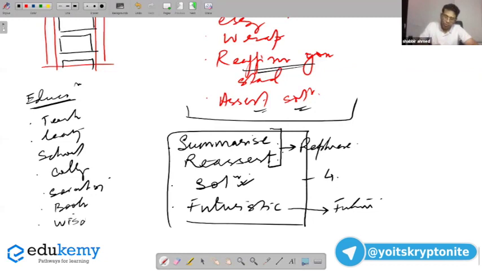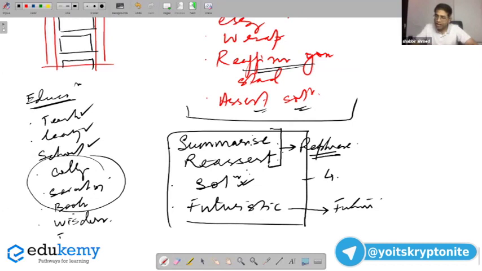Yes, ऐसे कुछ words हैं. Okay, education could be formal education, could be informal education. A whole list here. So thesis में you probably have used 2 or 3 words. जो आपके 2-3 और words बच गए हैं. Okay, bring them here now. Okay, so education. Okay, so when you are summarizing and reasserting, you again rephrase the same idea को दोबारा बोलो.